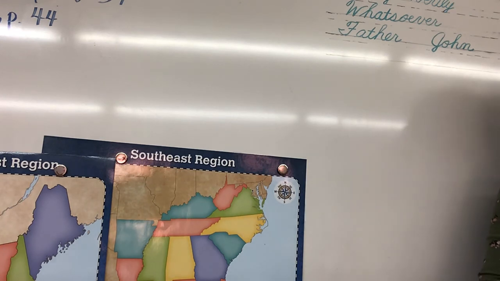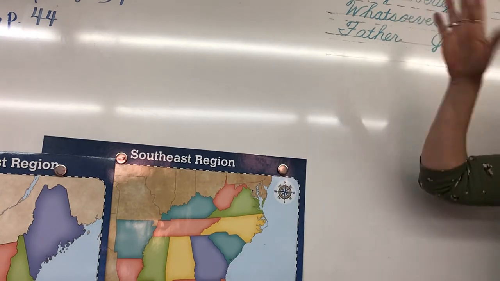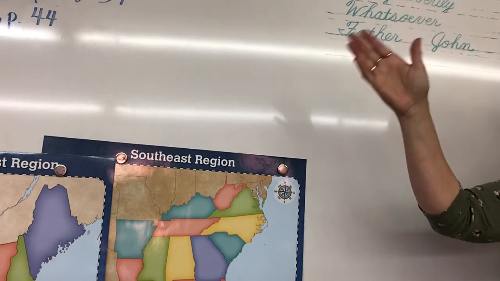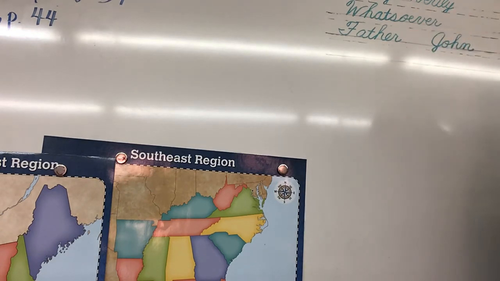Maple tree is dormant in the winter. Very good. Does more or less sunlight in the fall make the leaves' veins become blocked? Less. Very good. Less sunlight, and that's when the leaves change colors. All right, then I already told you you need to know the parts of the flowering plant, which is very easy.